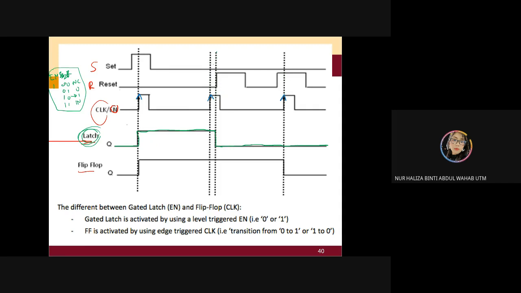Just now with the latch, you have all these things to see the difference and consider your input. All these things there, you need to check your input.